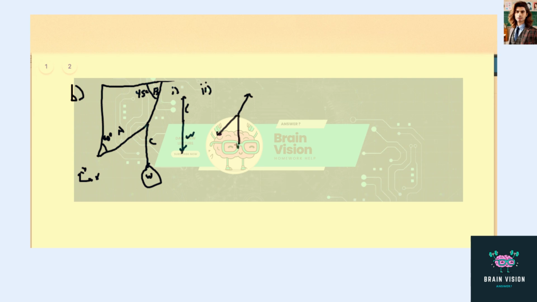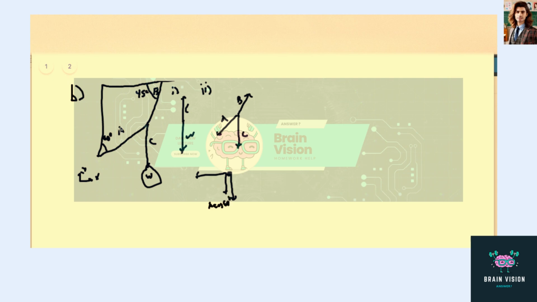So we need to break down some of them into their components so that we can write out Newton's second law equations. So when I break A down into the components, the vertical component will be A times cosine of 60 degrees here. And so go ahead and label that.